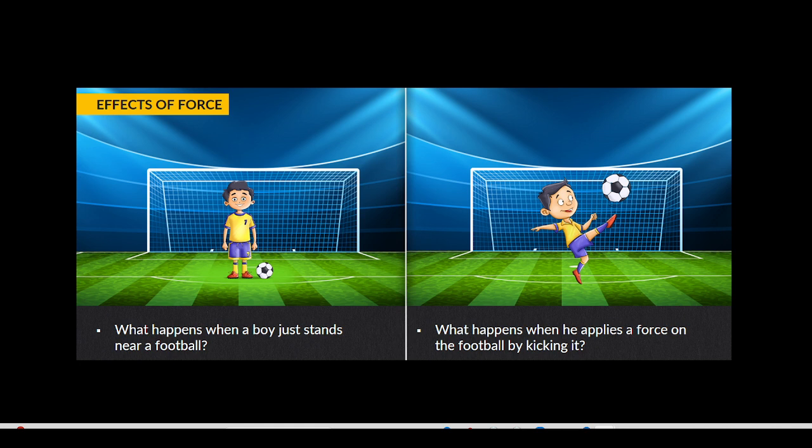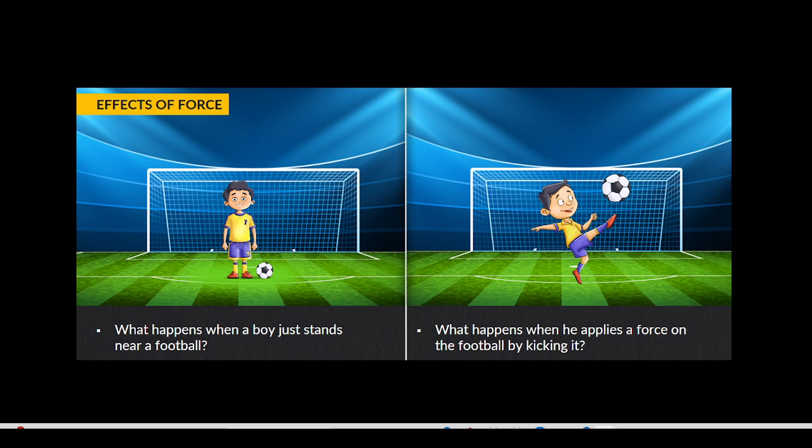Now let's see what the effects of force are. In the first picture, there is a boy just standing near a football. Would the ball move if he's just standing near the ball? Technically, yes, because the wind could push it or someone else could kick it, but just him there?